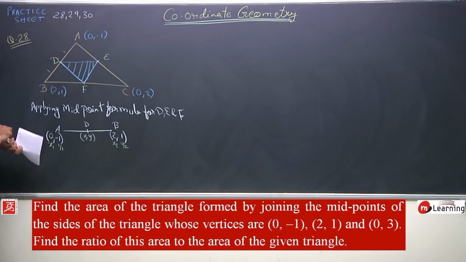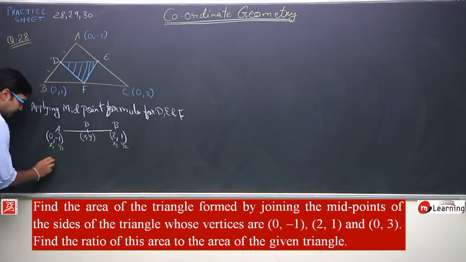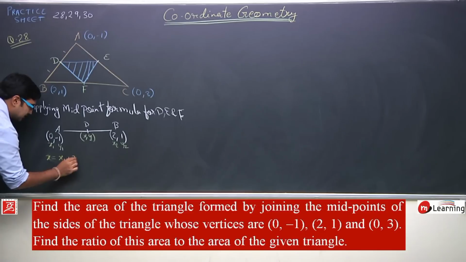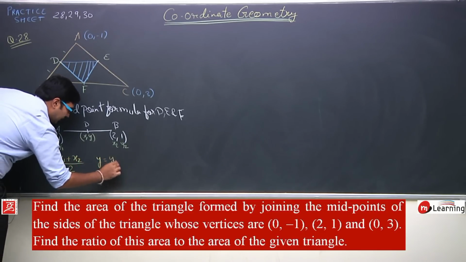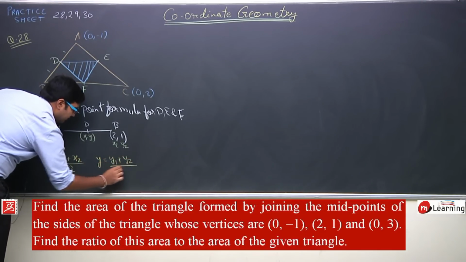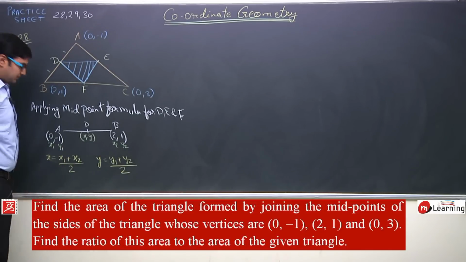What is the formula for the midpoint? The midpoint theorem says x is equal to x1 plus x2 upon 2 and y is equal to y1 plus y2 upon 2. This is the formula.